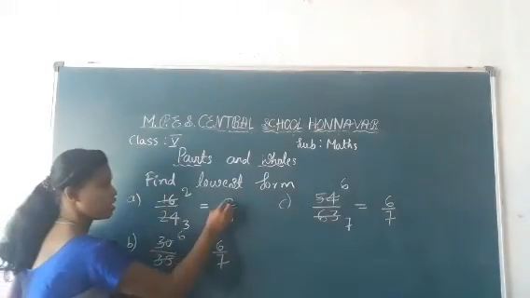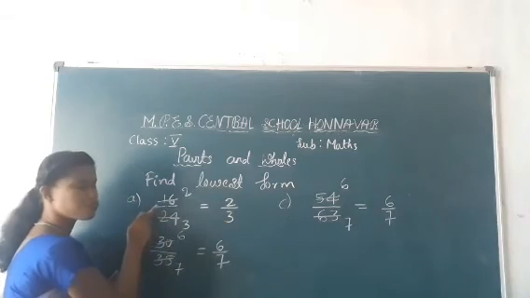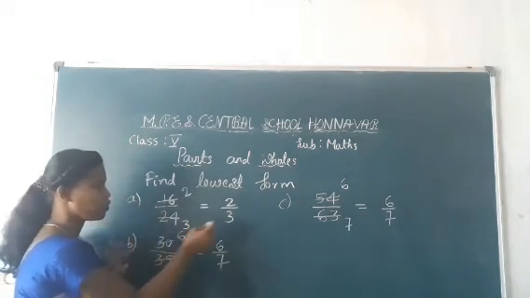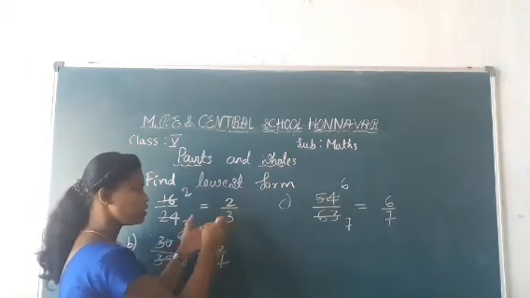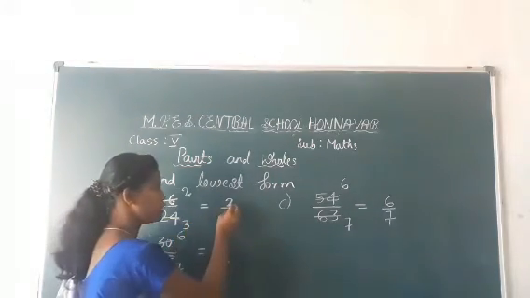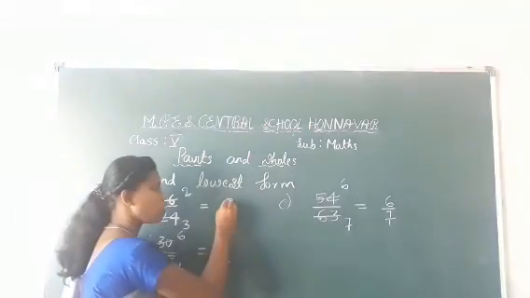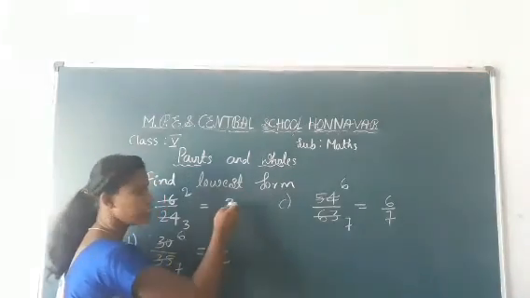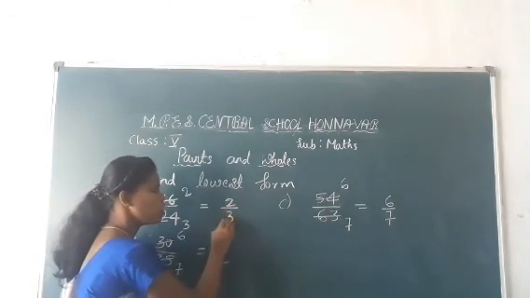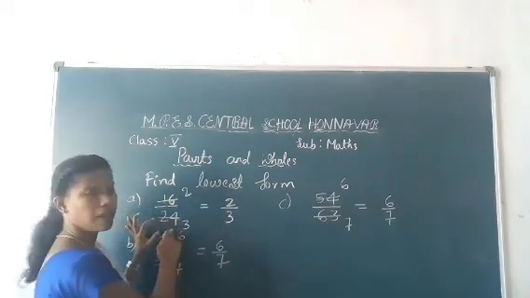Here, see, 2 by 3 is the lowest form of 16 by 24. Here we are not again dividing, we are not writing another lowest form of this, because this is the last form of 16 by 24.